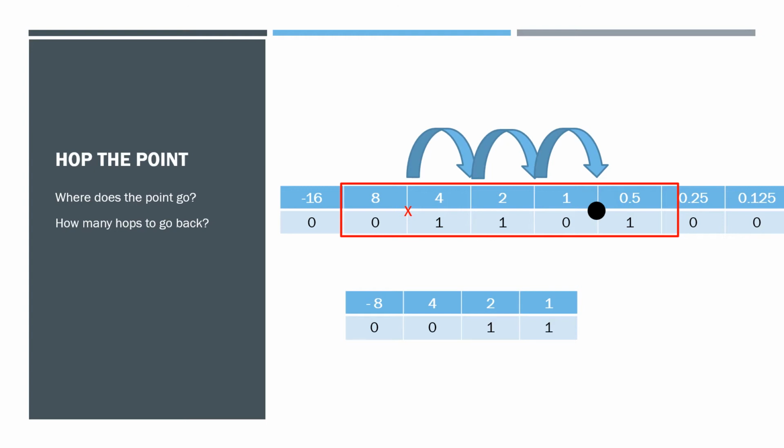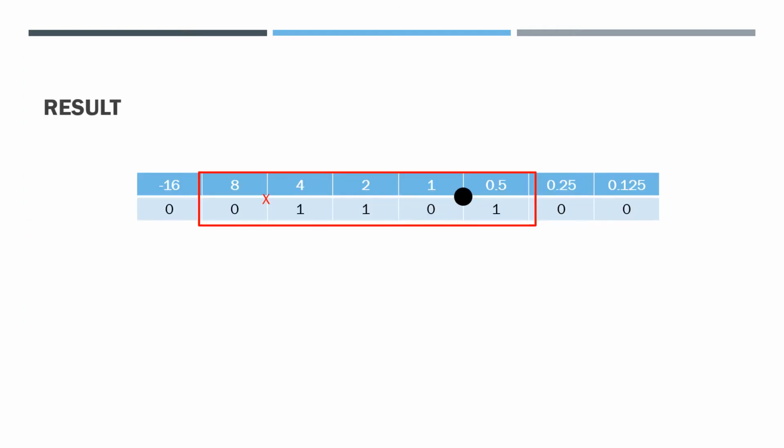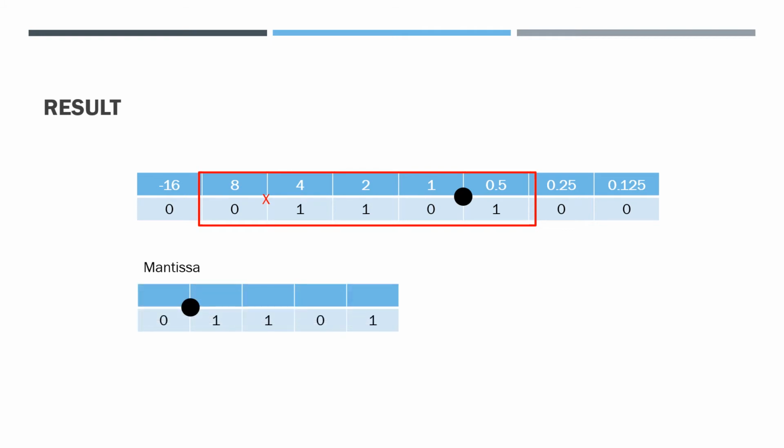So find the mantissa, hop the point home, and the number of hops is the exponent. So that number is that mantissa and that exponent. You might be told the number of bits to use for the mantissa and the exponent. If you aren't told, you can just use a sensible number that makes it work.